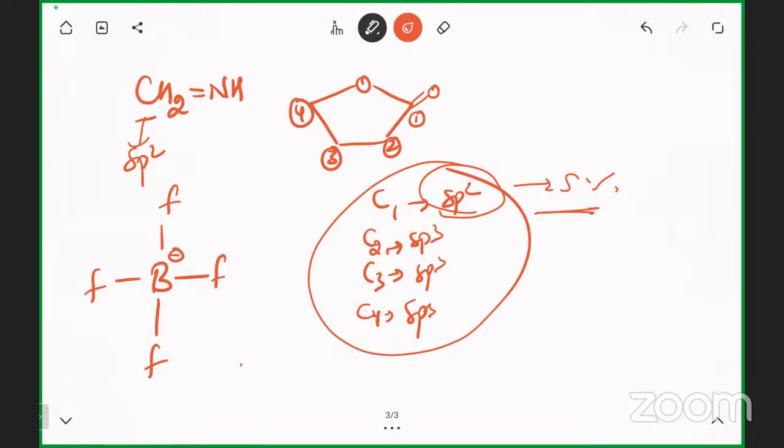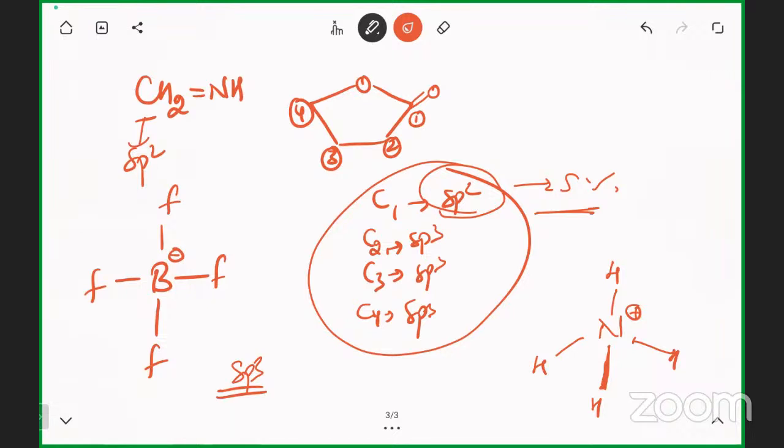Very good. Okay. Last one. Nitrogen. sp3, sp3. So this is quite basic.